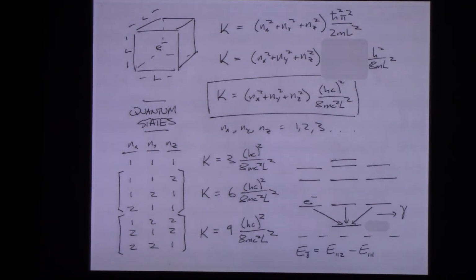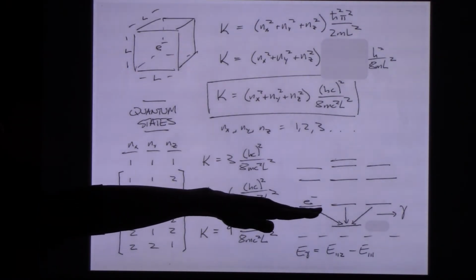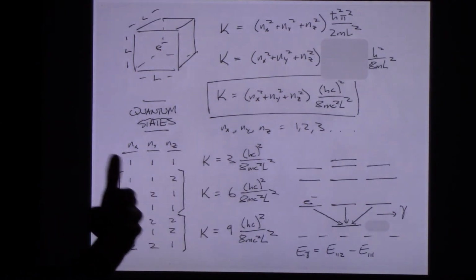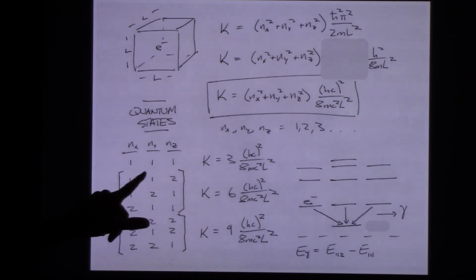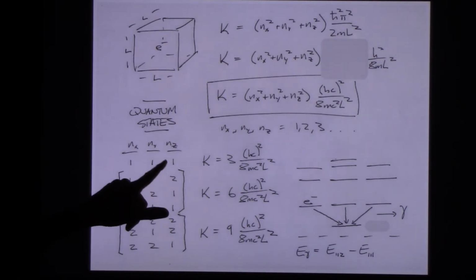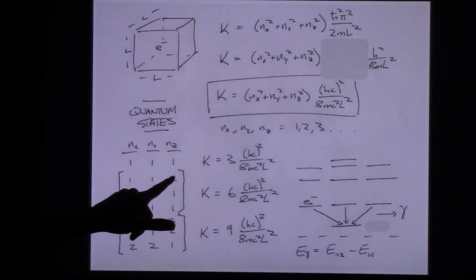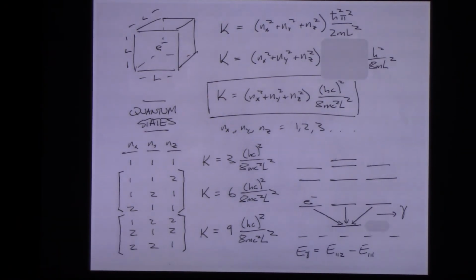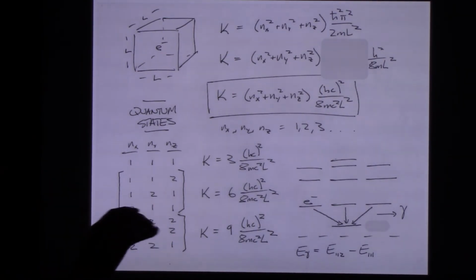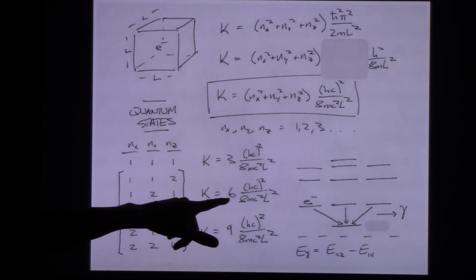Now, when I move up to the first excited state, I'm actually going to have a set of excited states, because I could have an excited state 1, 1, 2, where there's an excitation in the z direction, or I could have 1, 2, 1 or 2, 1, 1. There's actually 3 ways that we could boost the quantum numbers that would give us a total of 6.